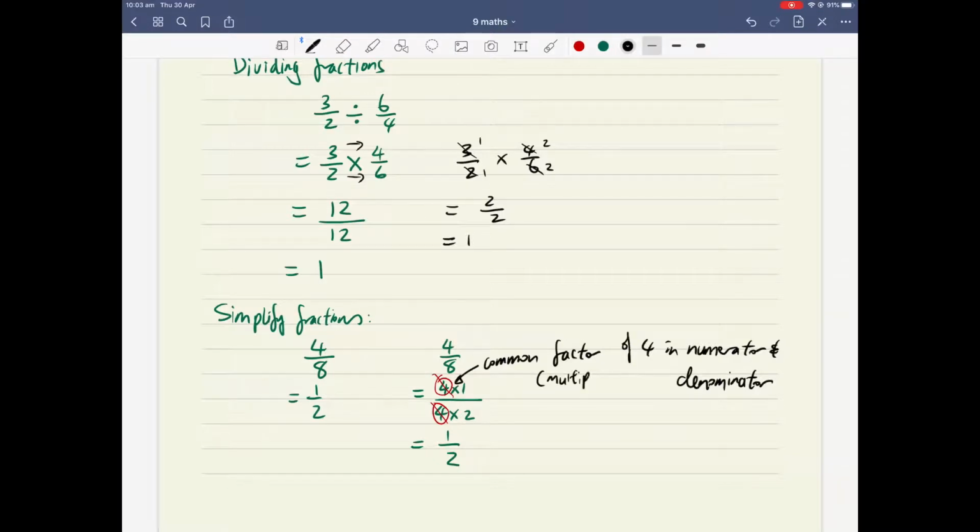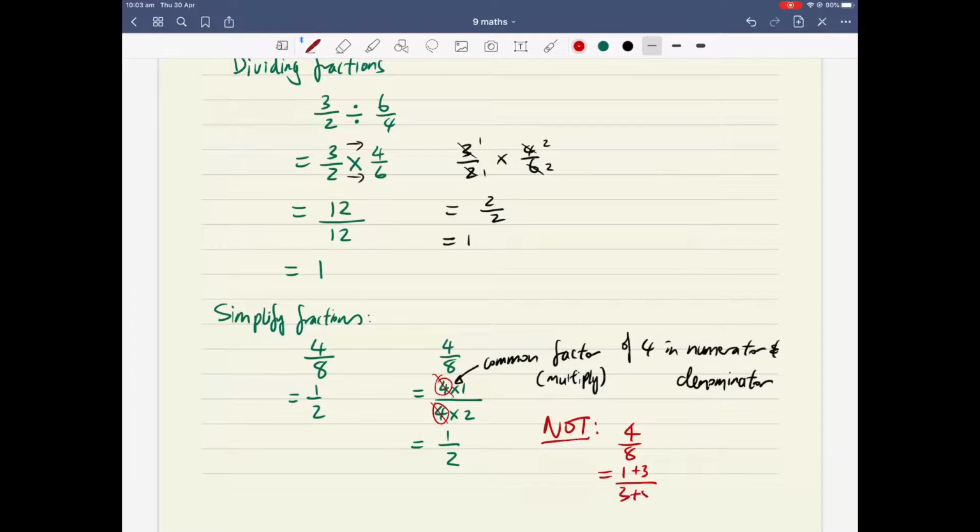So in other words, it's a product you're multiplying, because a factor means to multiply by a number, right? Because it's a common factor, both top and bottom have a common multiplying by 4, so you can cancel the 4 out.